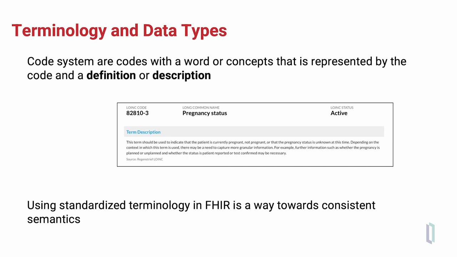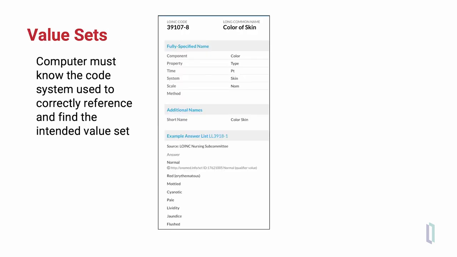In this case, the example is a LOINC code for pregnancy status, which includes the definition or description of this. An example of a value set, which is a collection of codes that may be required in a specific data element. This example is skin color, and there are a set of LOINC codes for skin color.